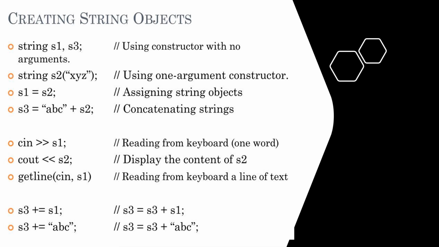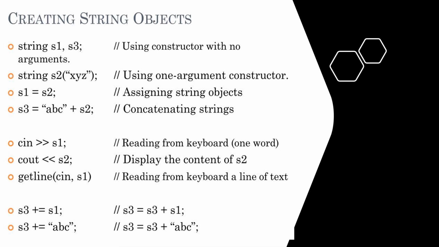Now with the keyboard, how are we going to use it? We use cin with s1 and cout. With cin s1 we give input to the program, and to display the content of s2 we use the cout statement. Then getline means we are going to read a line of text, so cin operator s1 is equal to getline cin comma s1, both are equal.